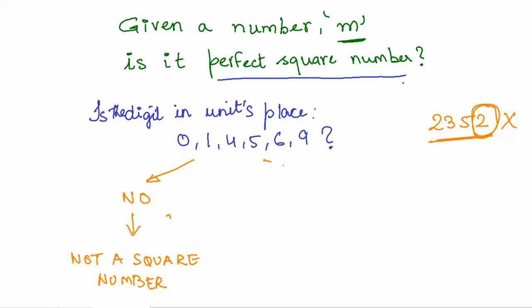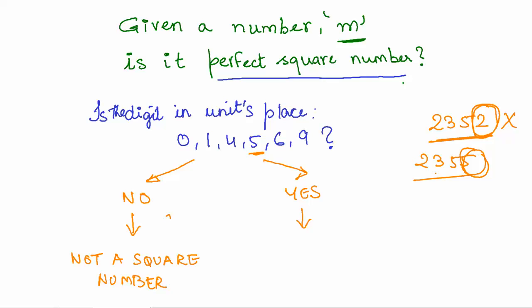Now the second one: what if the number actually has one of these? So let's say that you have 2355. It has 5 over here. But do you think that just looking at this digit is sufficient for us to figure out whether this number is actually a perfect square or not?